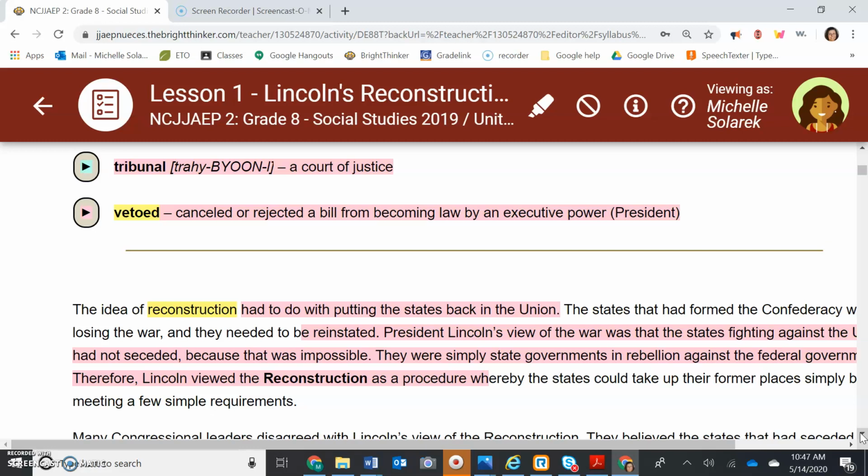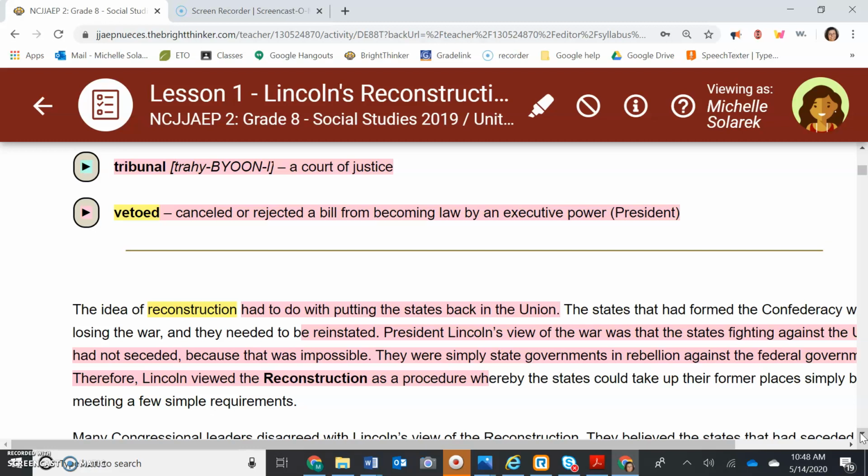So, after the war, President Lincoln was president at the time, and he was very sure that the Union was going to win the war, and they did. So he said, okay, now that we've won the war, instead of making the South our slaves, or instead of making the South separate, we need to have a way for them to come back and join the United States.